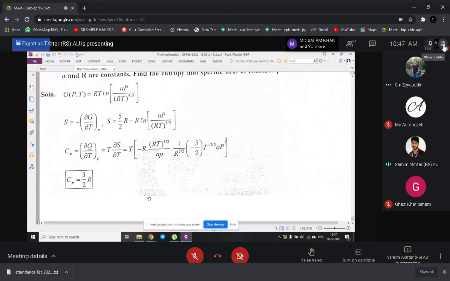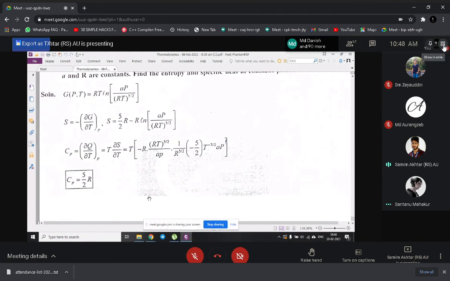Otherwise you could not change the temperature. Sir, specific heat means if there is a unit mass and we want to increase the temperature by 1 degree Celsius or 1 Kelvin, the amount of heat we need for that is the specific heat. That tells you if you change the temperature, there needs to be some amount of heat, right? So this is the specific heat.